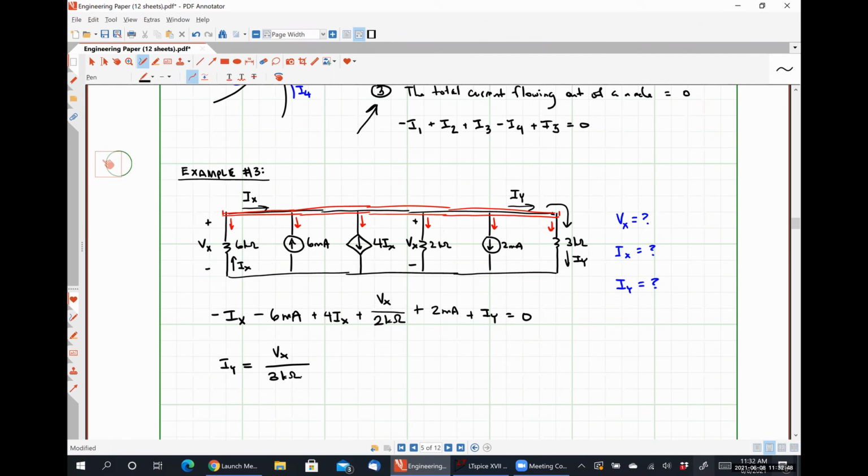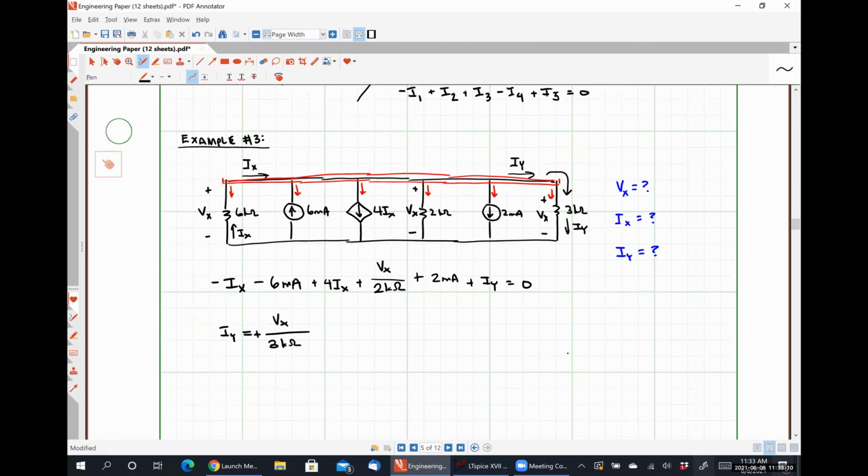It should have a positive sign. That's absolutely correct. The reason that it has a positive sign, let me put Vx over here again for you guys, is because the current Iy, as it's defined, is flowing into the positive polarity terminal. So that means that the Vx, in this case, should be positive.